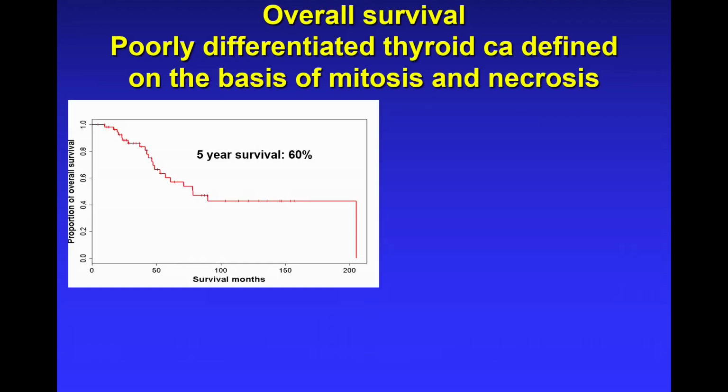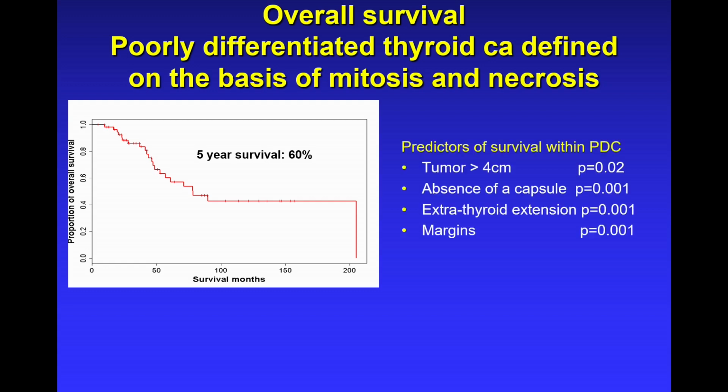So when you look at these cases that we classified on the basis of mitosis and necrosis, the 5-year survival was 60%, really in between papillary, which is 99% at 5 years, and anaplastic, close to 0%. Now, within this tumor defined on the basis of mitosis and necrosis, what are the factors that drive outcome?